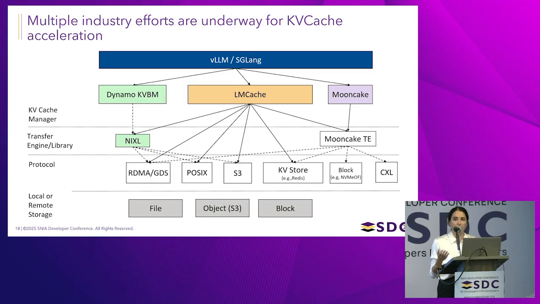It's changing, and every week there are new changes. So I believe industry players like NVIDIA, when they build Nixl, want to support other software because some of their customers are going to use it. That's why we see a lot of different software, but somehow they also support each other. Hopefully we'll see one or two of them becoming more state of the art, but it's not there right now.